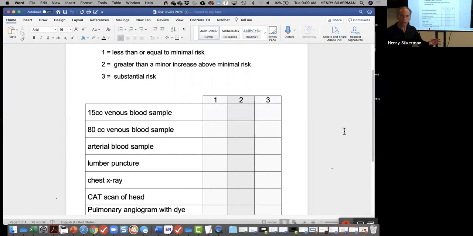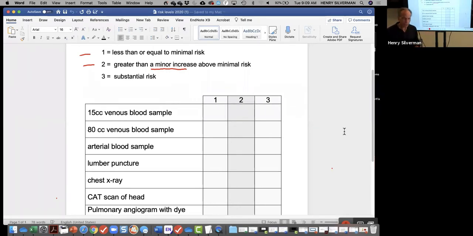Even before I give you a definition of what minimal risk is, let's see how we are as a group. So these procedures could either be less than or equal to minimal risk, greater than a minor increase above minimal risk, meaning that it's not minimal risk, but it's slightly above minimal risk.